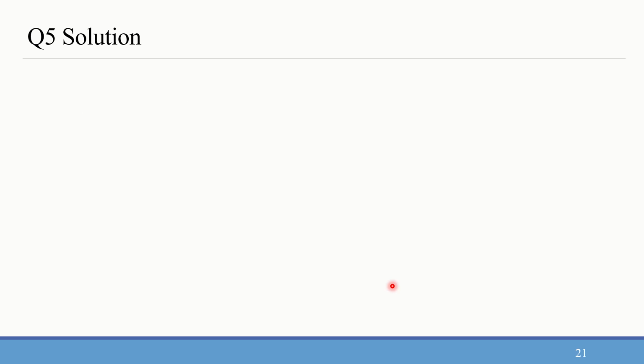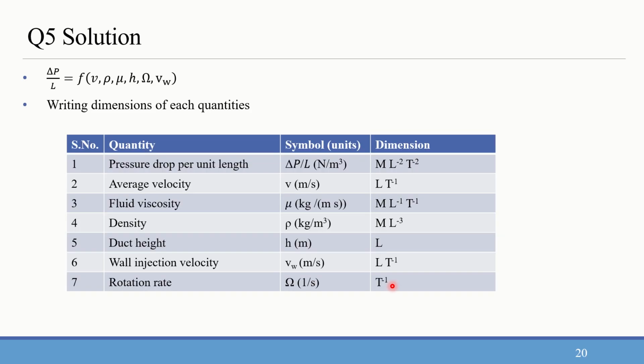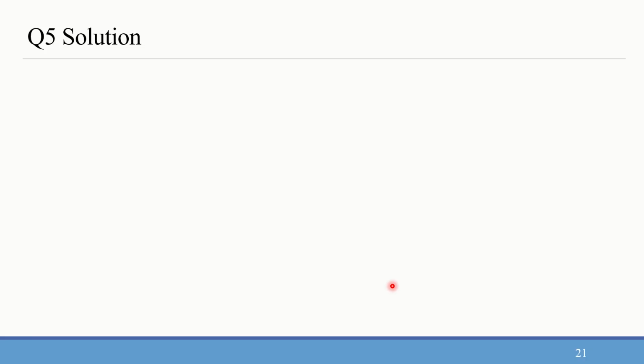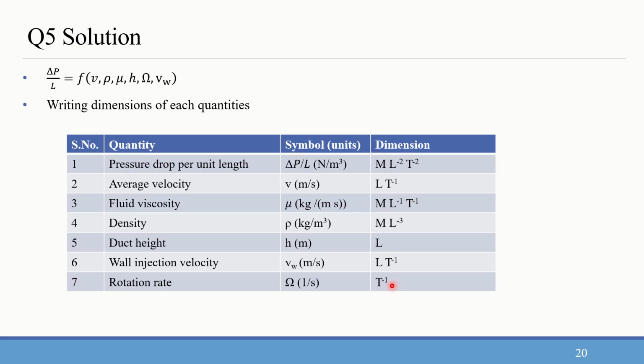So now we have written the dimensions of each quantity. After that, we first need to identify how many pi groups there are. In the question we have the number of variables: 1, 2, 3, 4, 5, 6 and this one, including 7.